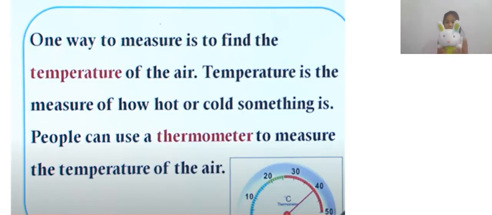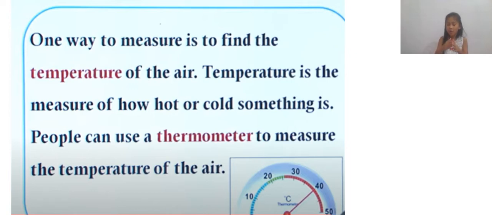Now let's read this one. We have 2 red words here, so let's see what they are. First is temperature. Remember, I read it as temperature, but it's not a word that has 3 syllables. It has 4 syllables. What are they? Temperature.